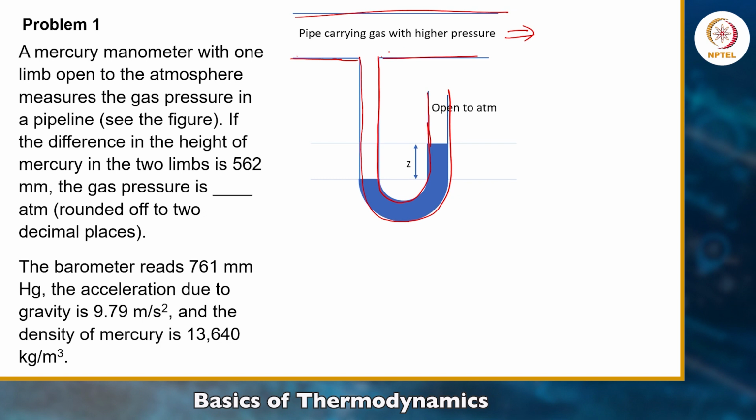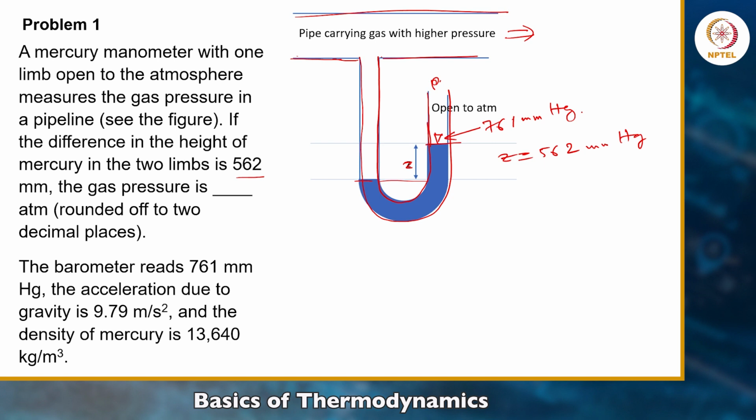Okay, the difference in the height of mercury, here mercury difference is given z, between two limbs is 562 millimeters, so z equals 562 millimeter Hg. Mercury is given, so you need to know mercury density. The barometer reading is given 761 millimeter. That means the atmospheric pressure is 761 millimeter Hg.